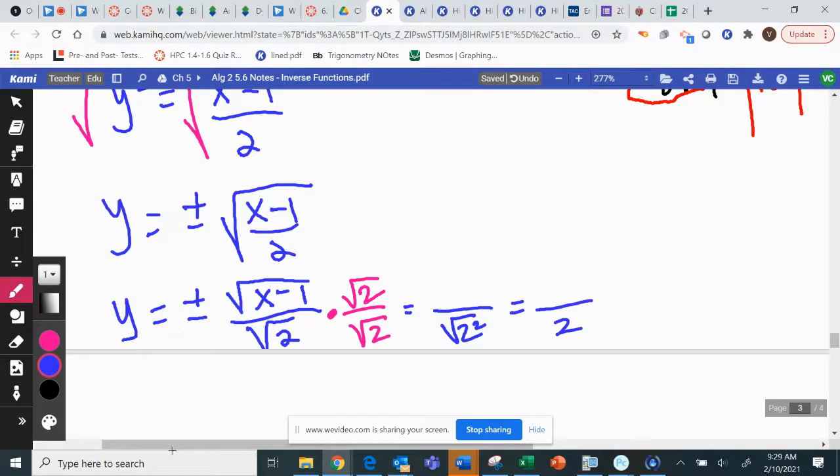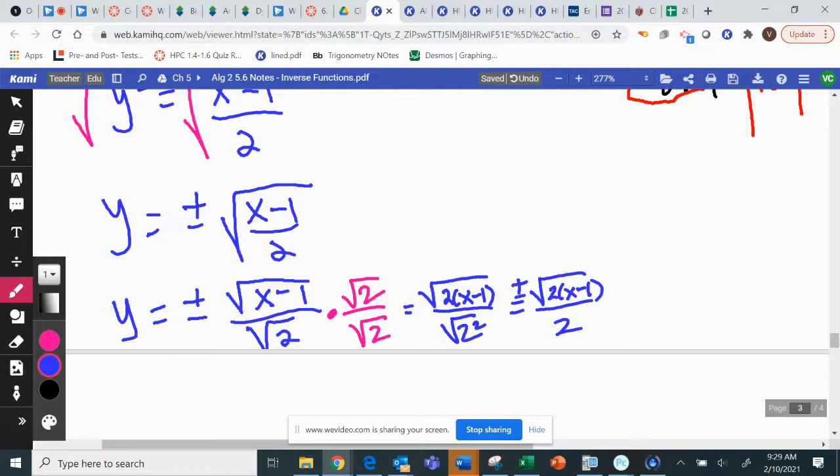On top, they're both square roots, so we can multiply them underneath: 2 times (x minus 1). You can leave it like that, or you can simplify it. It doesn't really matter. You can distribute the 2 if you want. But the biggest thing is that we got rid of the denominator that had a radical in it.